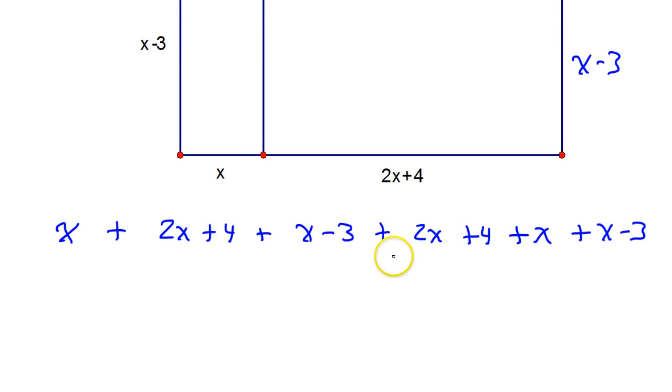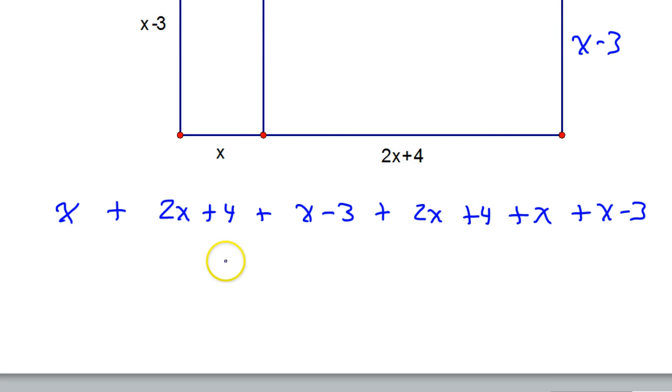Okay, if we do that, there's a lot of x's here. So remember, this is like 1. These are all 1s. Okay, so let's add them up. I've got 1 plus 2 is 3, plus another one is 4, plus 2 more is 6, plus 1 more is 7, plus 1 more is 8.